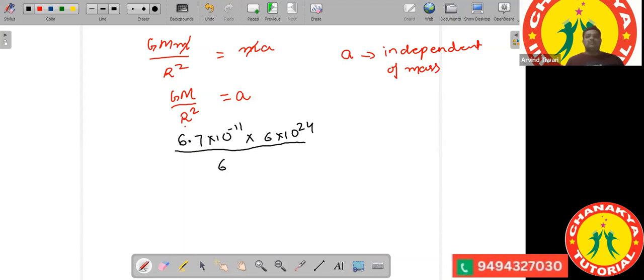The r is 6.4 into 10 to the power 6 meters.